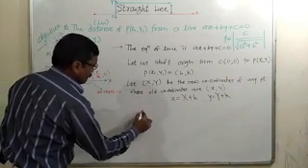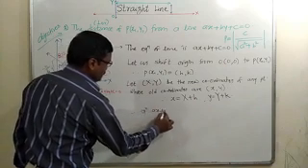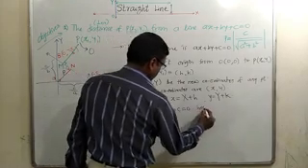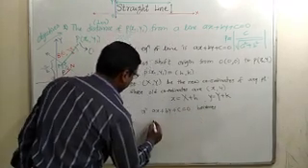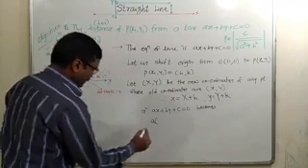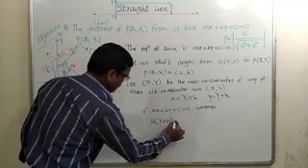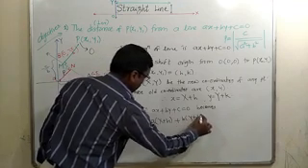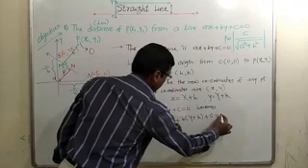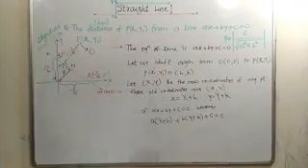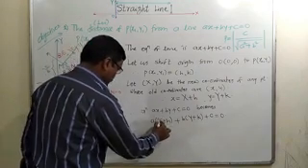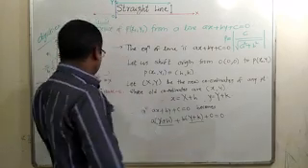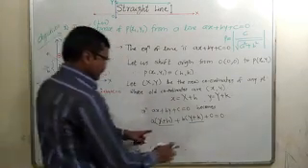Therefore equation ax plus by plus c equal to 0 becomes a into (X plus h) plus b into (Y plus k) plus c equal to 0. We have just changed small x and small y. Small a, b, c are as they are because they are constants. So this is the equation.